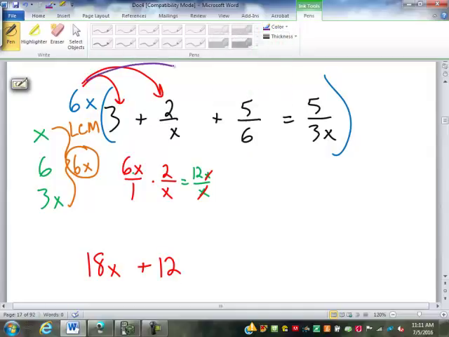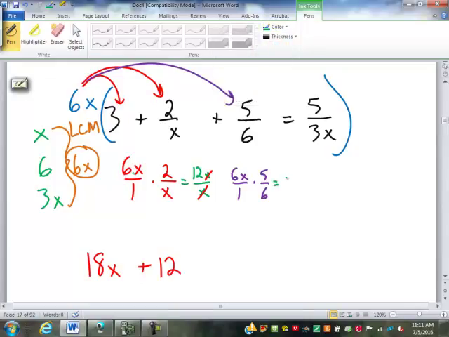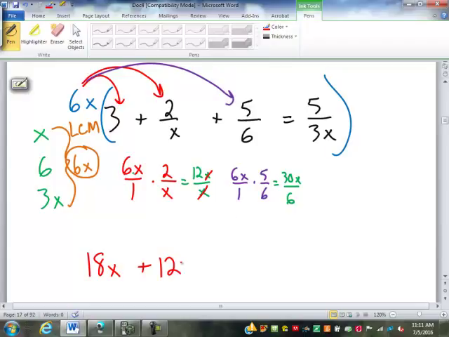So now 6x times 5 over 6. So 6x over 1 times 5 over 6. 6x times 5 is 30x. 1 times 6 is 6. What's 30x divided by 6? It's a positive 5x. Now we're at the equal sign, so equals 6x times 5 over 3x.